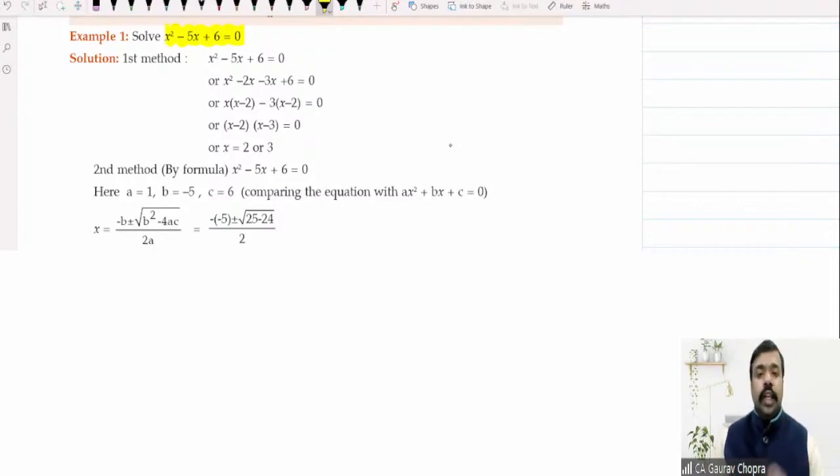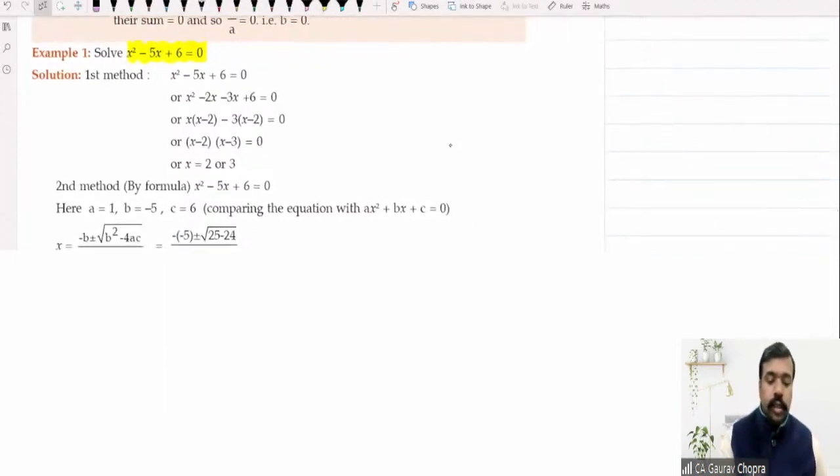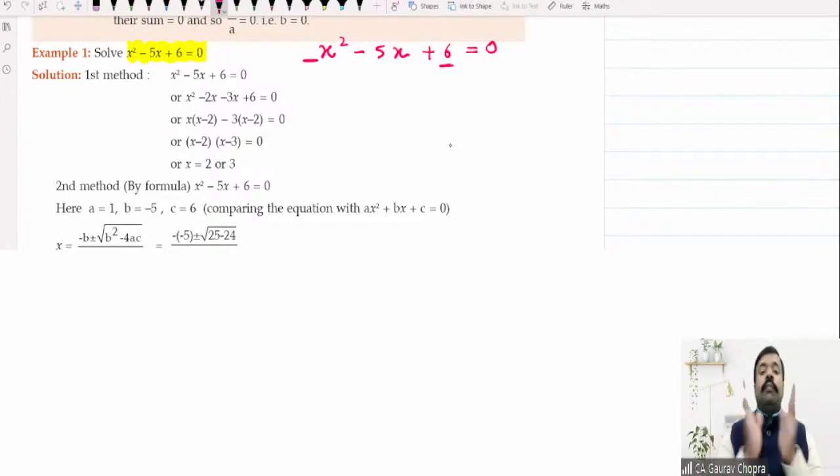Clearly, it is a quadratic equation, and to solve a quadratic equation there are two methods. One is known as the factor method, and the second is known as Sridhar Acharya method. First, for the factor method, we check the coefficient of x square and the constant and multiply them.